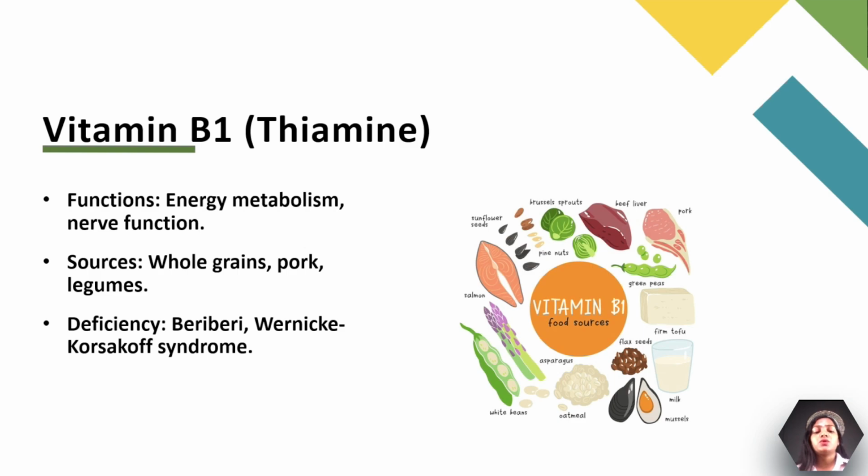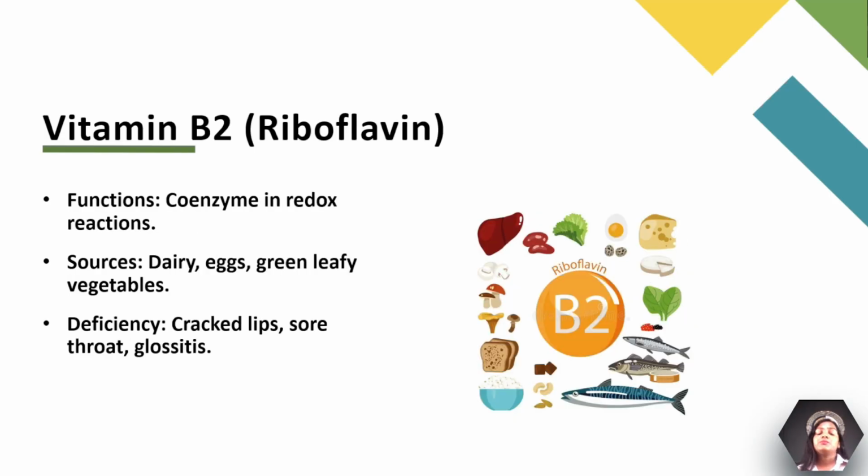So, these are the diseases that can lead to deficiency. If any individual has a deficiency of vitamin B1, then there are chances of getting exposed to these diseases. Okay. So now talking about the next vitamin, that is vitamin B2, that is riboflavin.